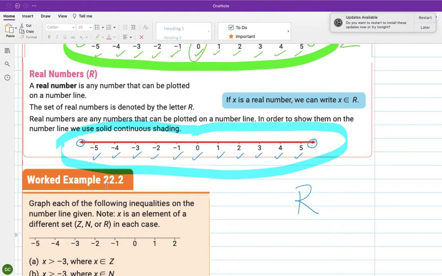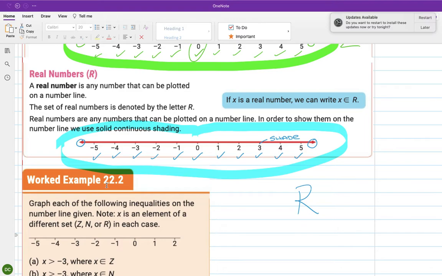Now this time we don't only include the whole numbers. We want to include all the numbers, because real numbers are your quarters and your halves and your eighths and all that, everything in between. So we do that by no dots. We shade the line. Okay, and that's how you show that it's everything. So it's not just dots, it's everything. Yeah?